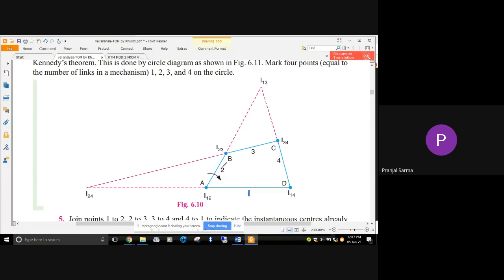This is link 2, link 3, and link 4. These links are joined by what kind of joint? It is a pin joint or hinge joint. Now we know that if two links are joined by a pin or hinge, where is the location of the instantaneous center in this case?